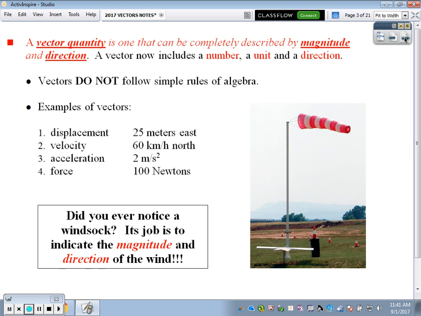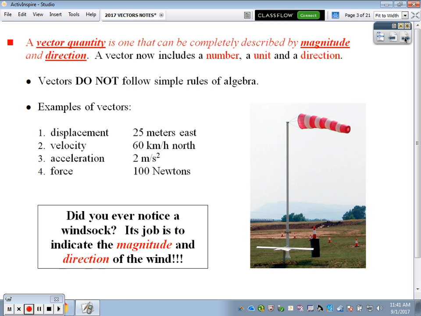Now, time and temperature do not have a vector equivalent. It's not like we can have time in a direction or have temperature in a direction. So understand these last two examples are two completely different examples, even though the displacement and the velocity are the vector components of what you need from our previous examples.